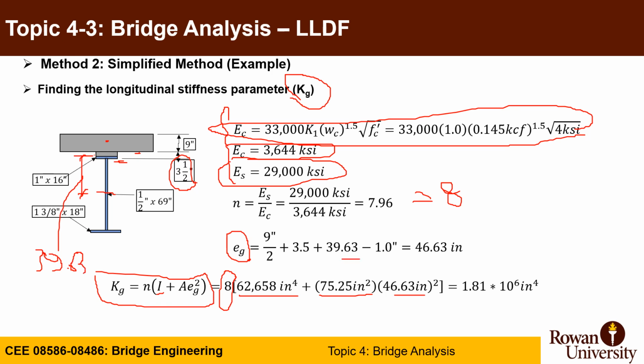So this distance here, measured from the top of the girder to the centroid of the cross section, you have 4.5, which is the thickness of the deck over 2 to give the centroid. Remember, it was 9.5, but half of this was artificial, not structural, for overlays. You also have the distance from the bottom of top flange to the bottom of this concrete, that's 3.5. So now you are actually counting the thickness of the top flange twice. You have to subtract one of them. So the distance e is 46.63.